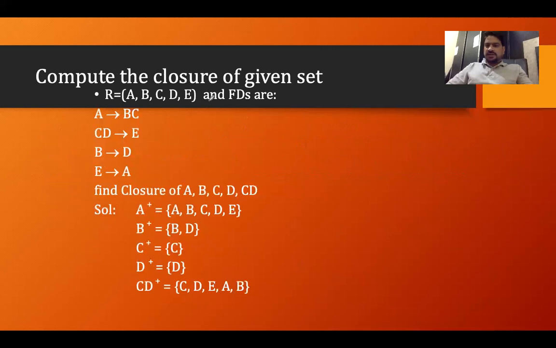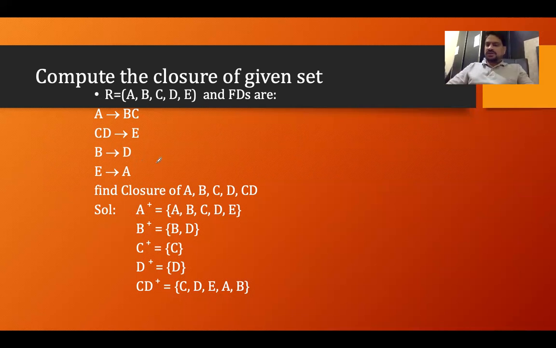If this is the relation, right? We have how many attributes? 5 attributes. With the help of these 5 attributes, we have different functional dependencies given. This is my set of functional dependencies. Now, among all those functional dependencies, I want to find some which are redundant, which are duplicate.